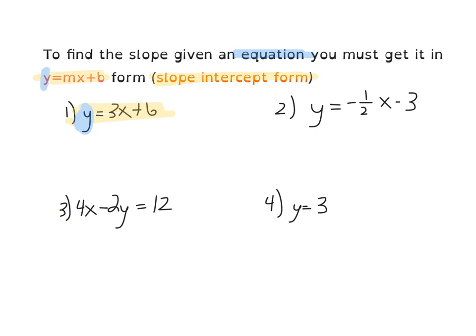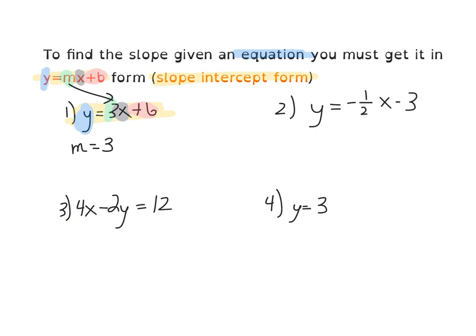There should be some number m in front of an x value, so we can see that the x value has a number in front of it. And then there's this number just at the end, plus or minus b. So what we can see here is that the slope, the number in front of the x, our m value, our slope is 3. So that's our slope for this equation.